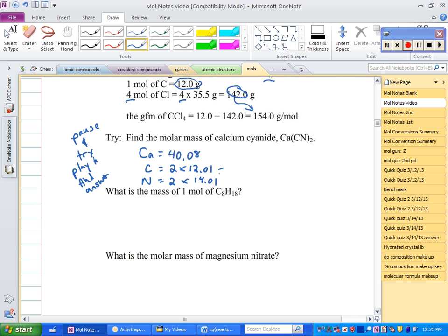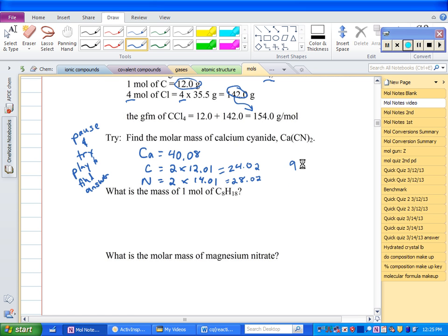So this would be 24.02, this would be 28.02, and then we would add those numbers up. And we get 92.12.